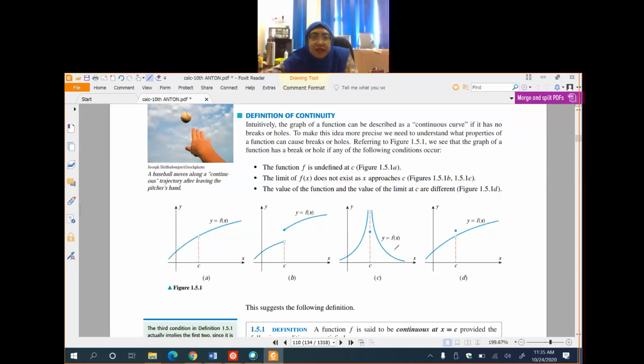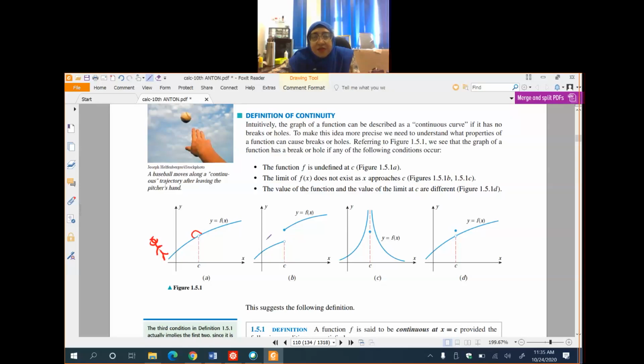So like in this graph here, this figure 1.5.1, if you yourself try to walk, so this is you, we have a person here. You want to walk along this graph, you have to jump, because there are hollow dots here. There are hollow dots. It makes this graph not a continuous function.